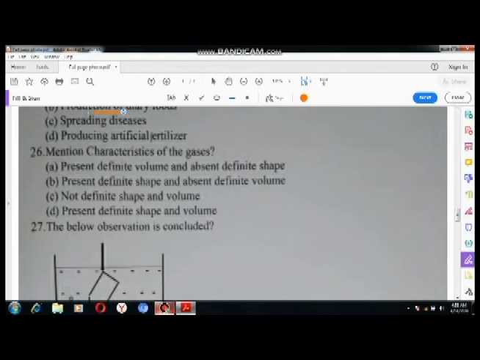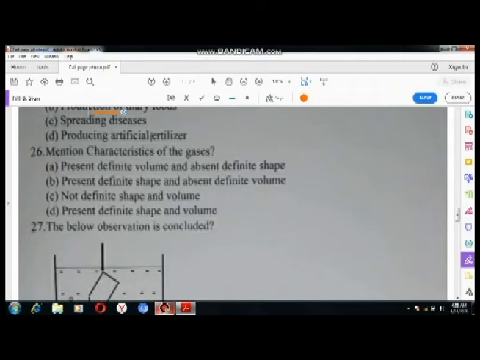Mention the characteristics of gases. Solid substances have a definite shape and definite volume. Liquids have a definite volume, but they do not have a definite shape. They take the shape of the container.